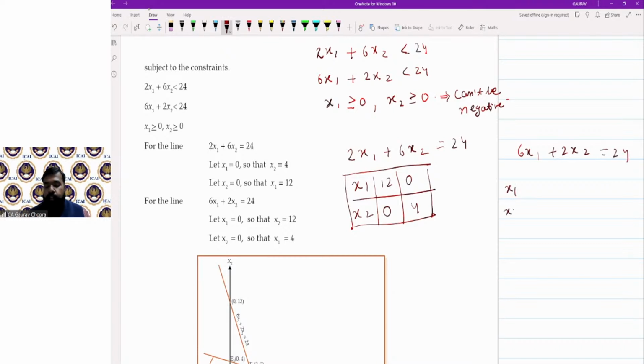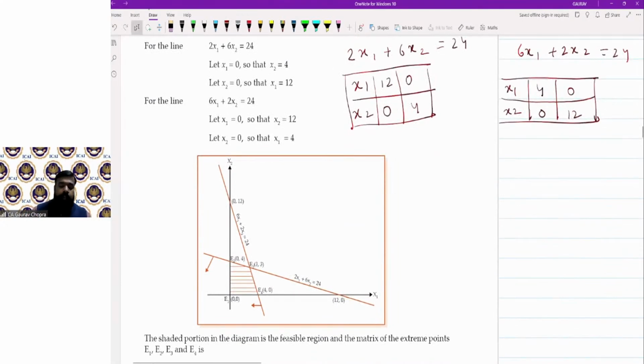Now x1, x2, how to mark them? If x2 is 0, x1 will be 4, and if x1 is 0, x2 will be 12. Now we can plot them on the graph. So these are the two lines, first one and the second one.